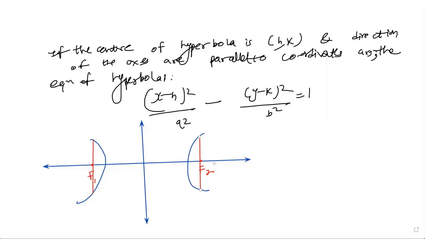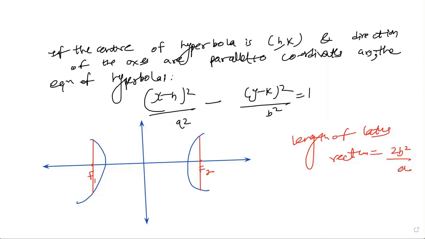If they ask for it in the question, we are going to find it with this formula. So the length of latus rectum in case of hyperbola is going to be 2b squared by a. Okay, so this is all about our hyperbola.